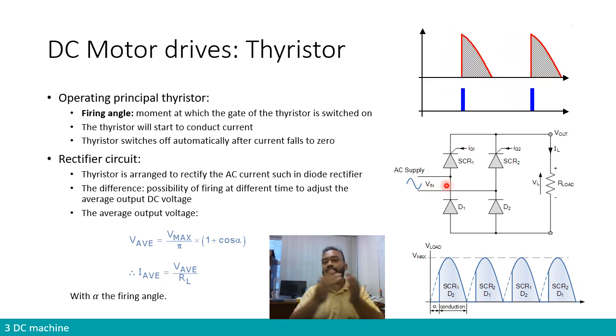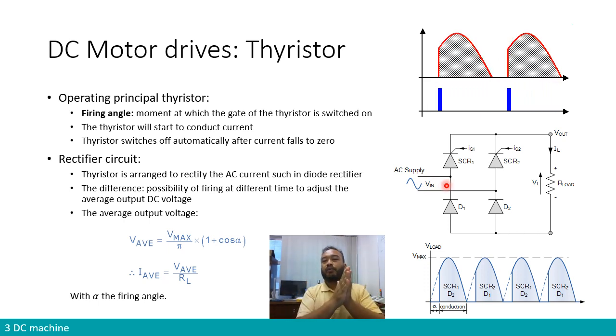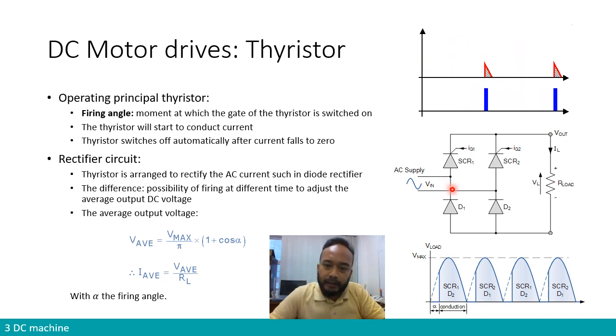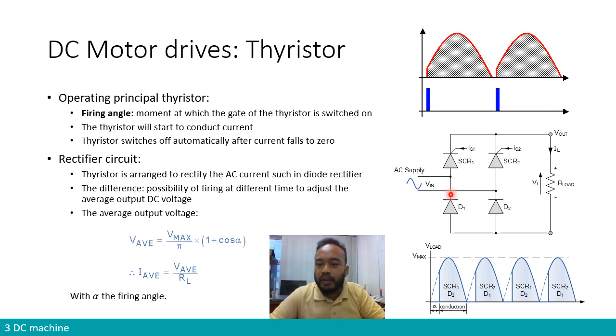It is applied just 3 times with a delay of 120 degrees. But if we look at one single phase, we are going to have this kind of configuration of thyristor. What happens in blue is the moment at which we fire the thyristor.